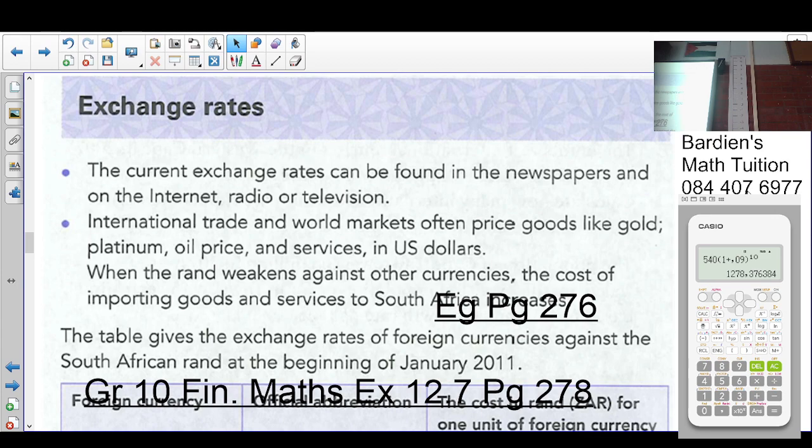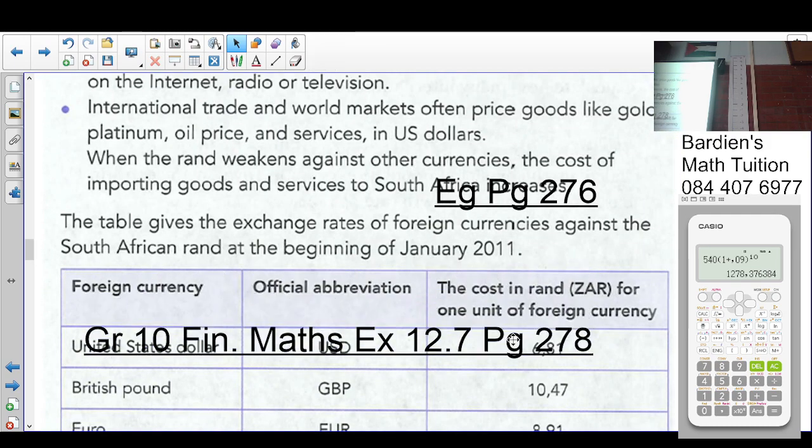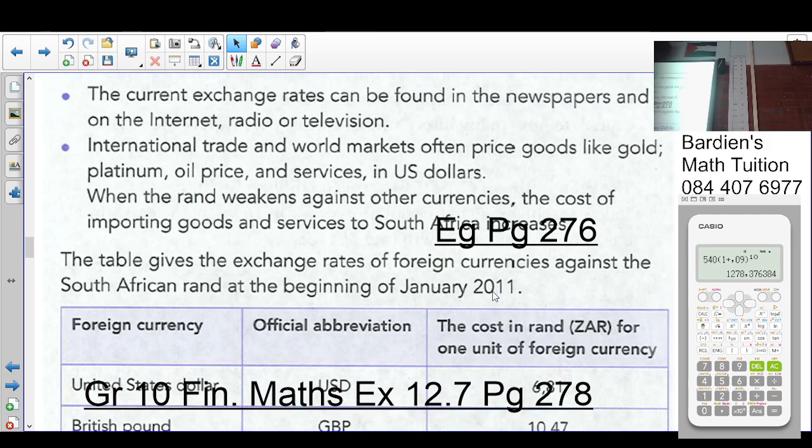There was a time that they used to pay $2 for 1 rand. A while ago. But now we pay 16 rands for $1. There are many things that affected that. The current exchange rate can be found in the newspapers, on the internet, radio, and television.